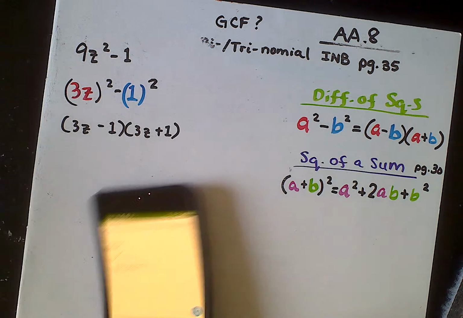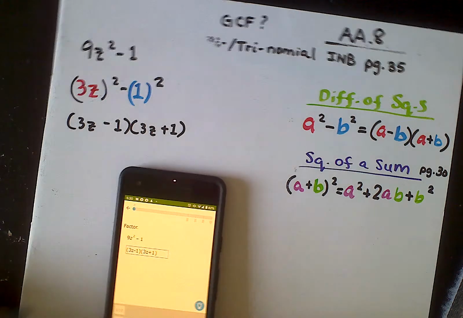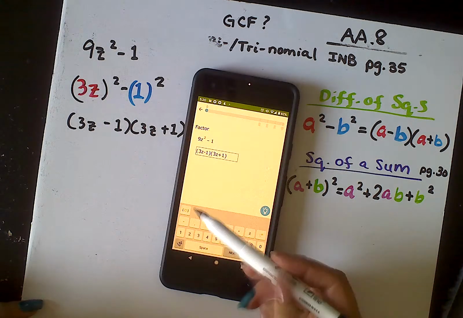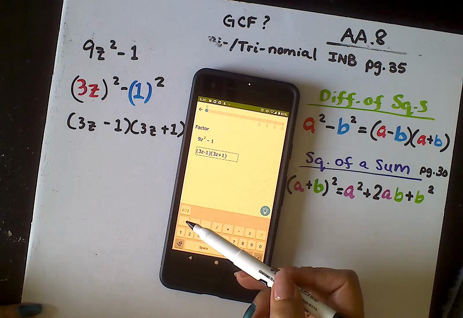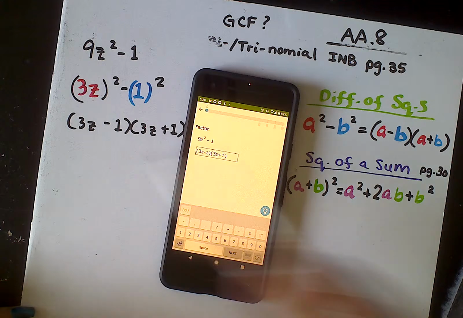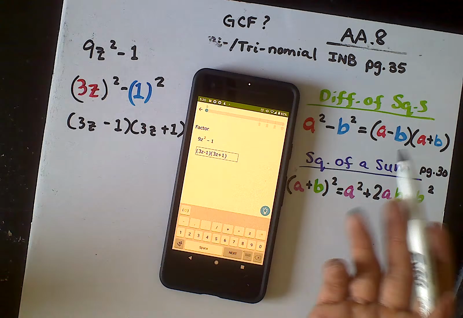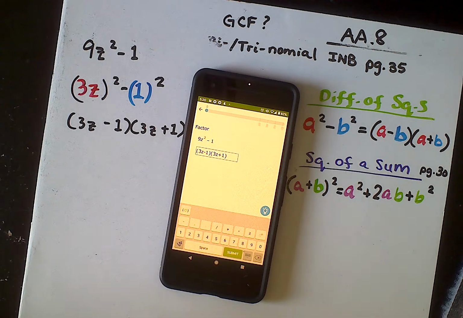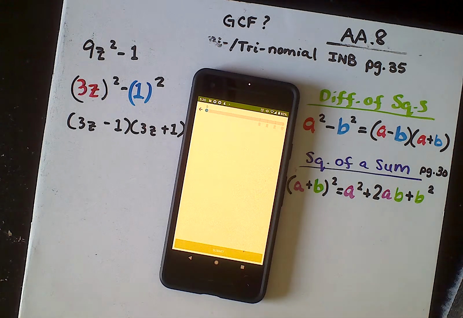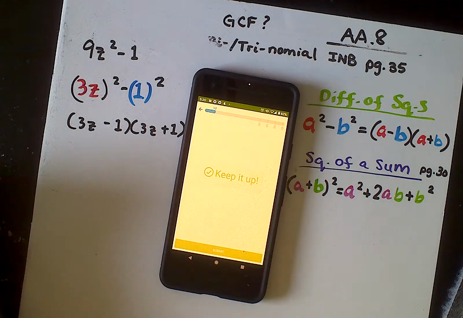Now, before I push submit, what you'll notice here is it kind of gave you a super hint because it has the option to put the double parentheses here. So it already lets you know that you're going to have one of these nice situations. Push submit. Okay, let's move on to the next one then.